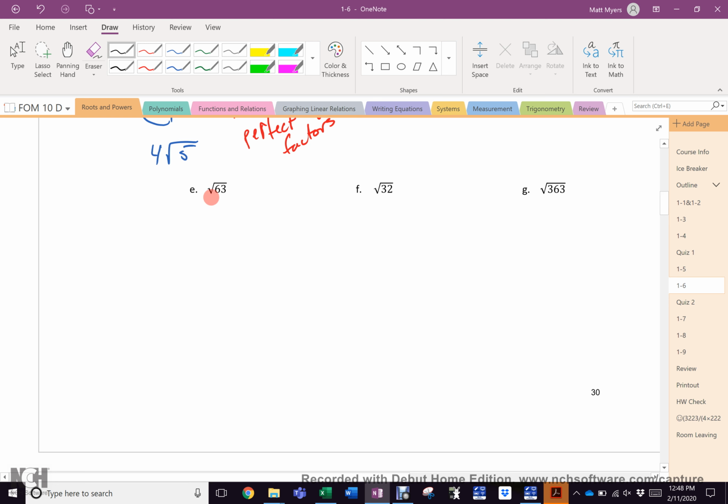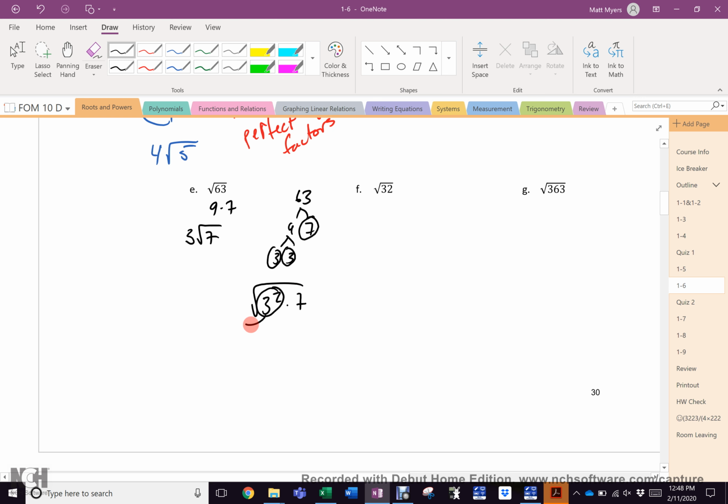So, if I did the short way, my first step here would have been 9 times 7, yes? What's the square root of 9? 3. 3 root 7. If I had to go the long way, I went 63, 9, 7, prime number, 3, 3, prime numbers, square root of 3 squared times 7.